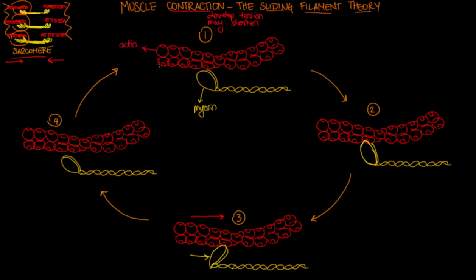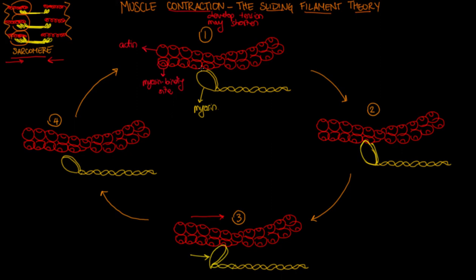Now on actin, what you also see is that actin has what we call a myosin binding site. And this site has to be exposed in order for myosin to bind to it. We'll talk about this mechanism a little bit later today. But let's first focus on myosin itself.